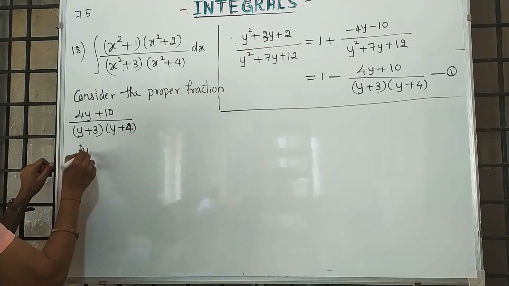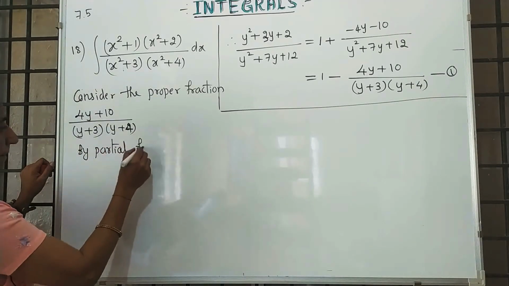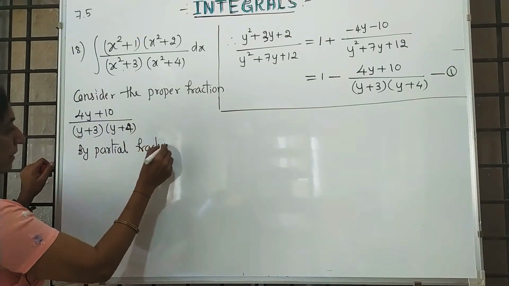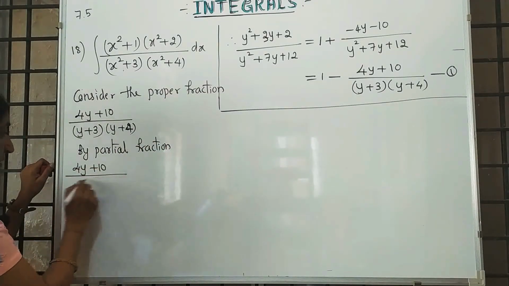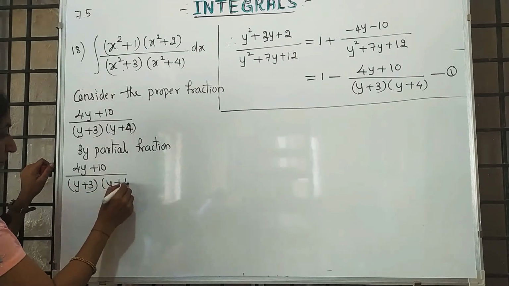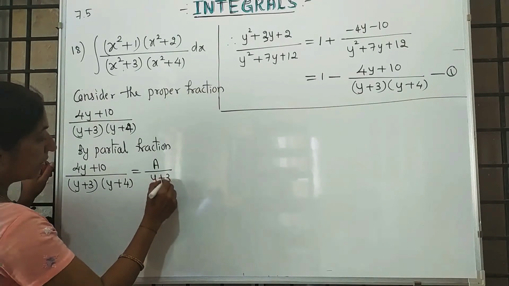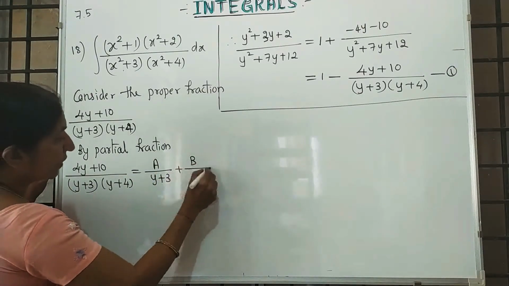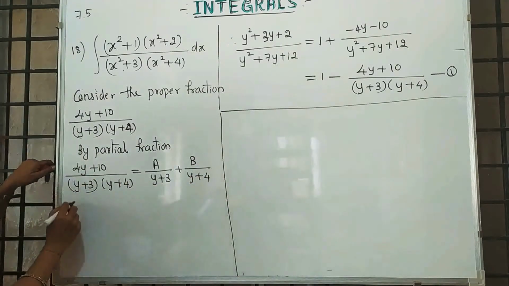Next, by partial fraction, (4y + 10)/((y + 3)(y + 4)) will be written as A/(y + 3) + B/(y + 4), because we have two different linear factors in the denominator. Take the LCM.